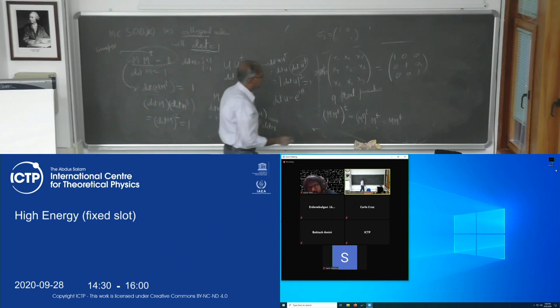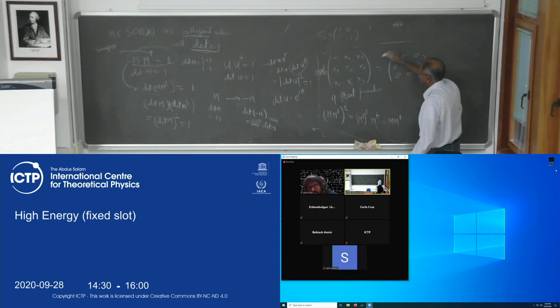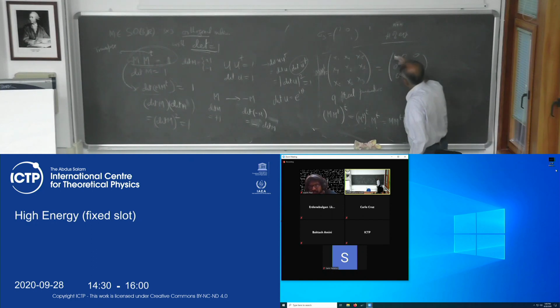So in general, suppose this was 3 by 3, but if I had taken an n by n matrix, it will be an n by n symmetric matrix. So the number of equations will be, first of all, the diagonal ones, which are completely independent.